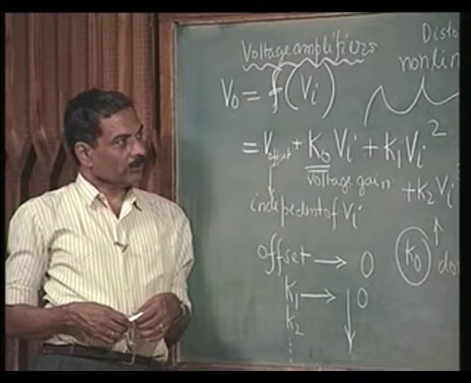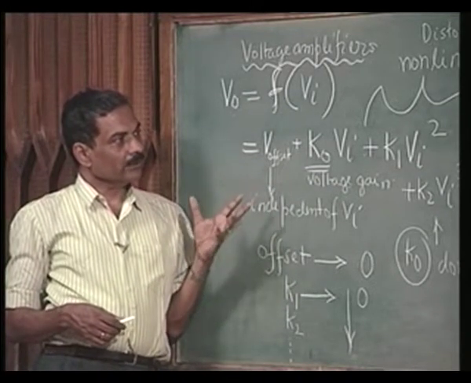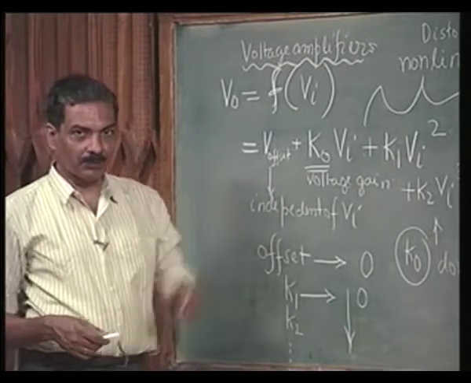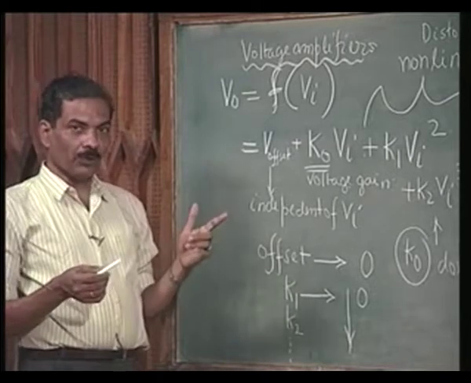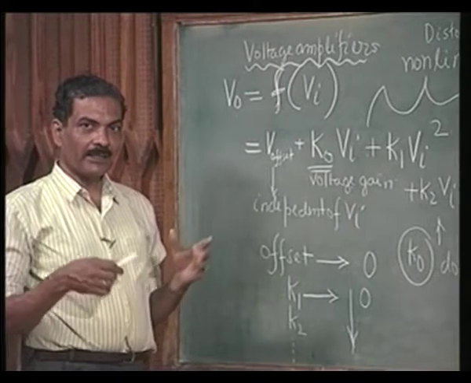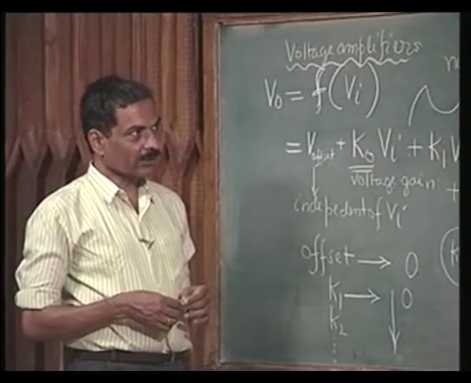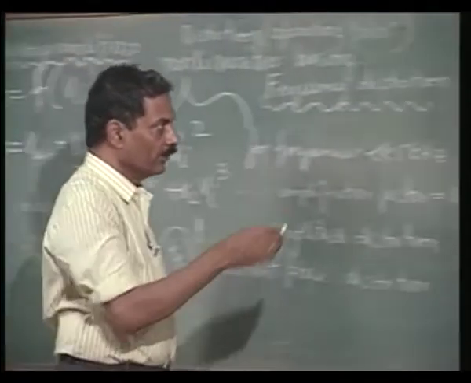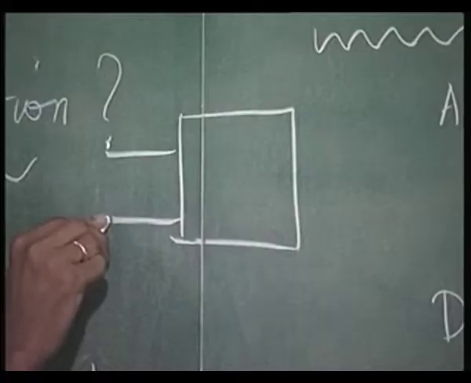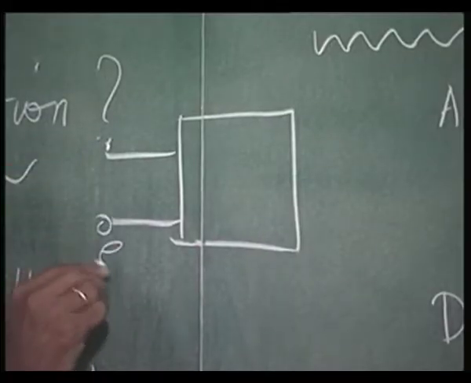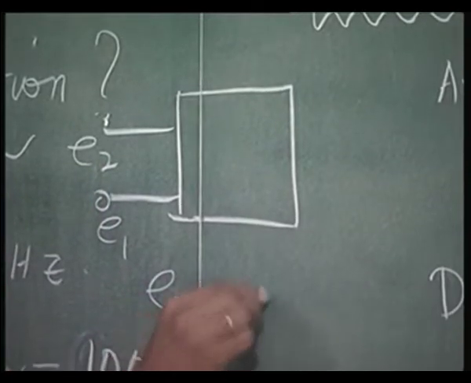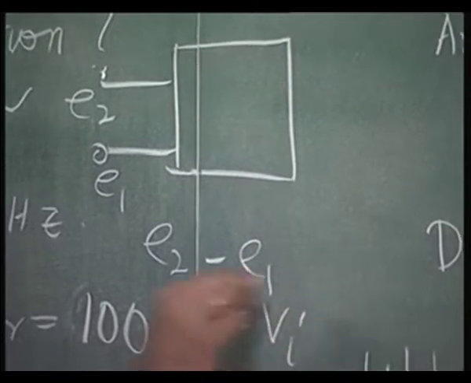So, this is the case for an amplifier with input port and output port. The input port may be the two terminals of a differential stage. That means, instead of always referring the voltage with respect to a common point, you can call this E1 and this E2, and E2 minus E1 as being equal to Vi.